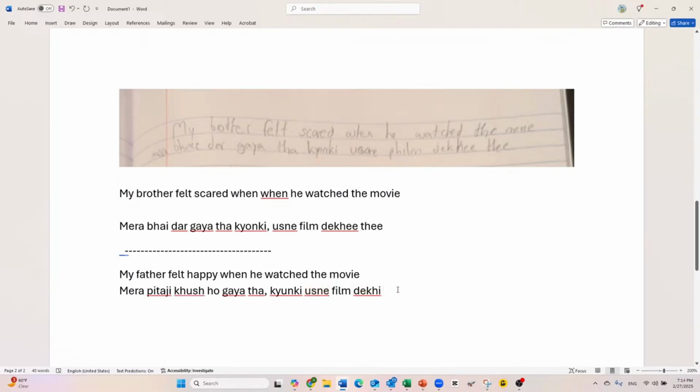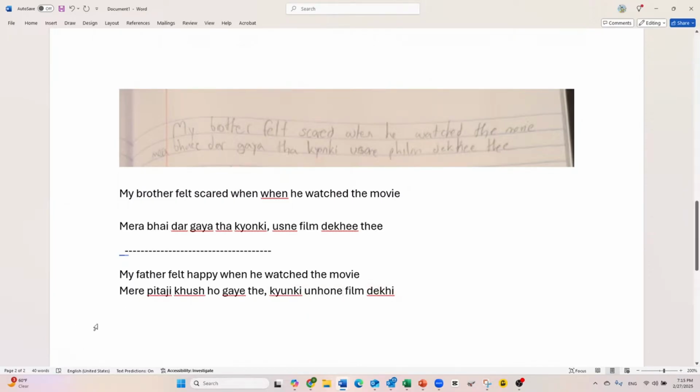Now, here you are talking about your brother, but here you're talking about your father. So when you're talking about your father, you have to use a more respectful tone in the sentence. So मेरा will become मेरे, पिताजी खुश, not हो गया, हो गए थे, and instead of उसने it will become उन्होंने फिल्म देखी.